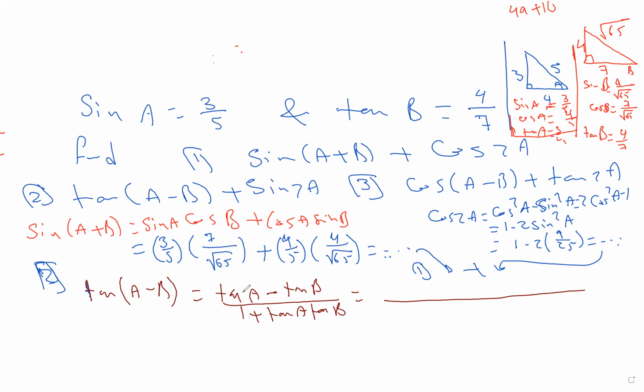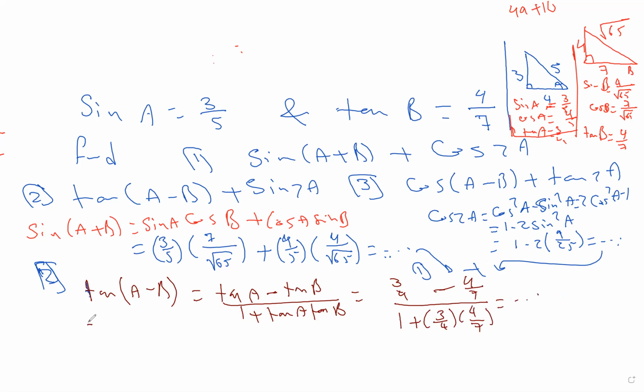Tan A is 3 over 4 minus tan B, which is 4 over 7, over 1 plus 3 over 4 times 4 over 7, and find that using the calculator.